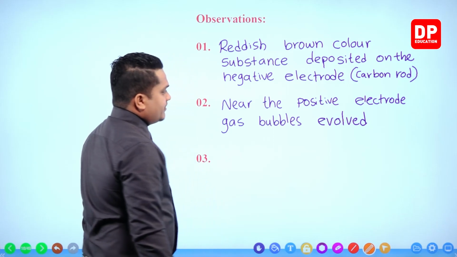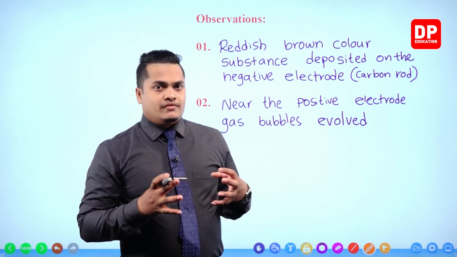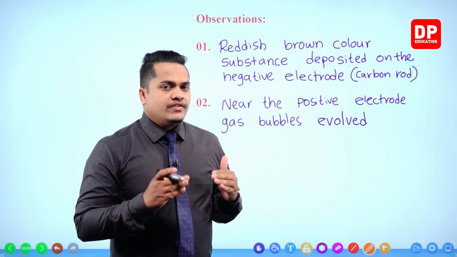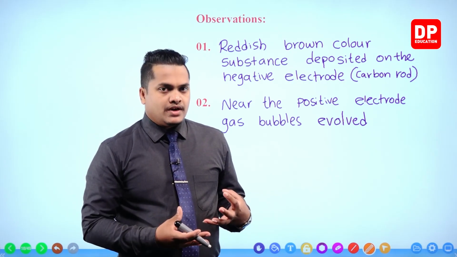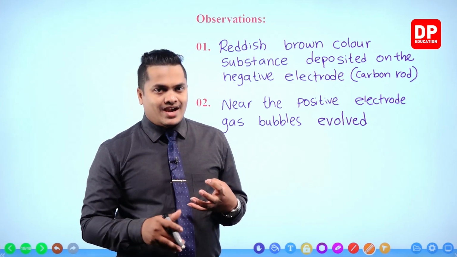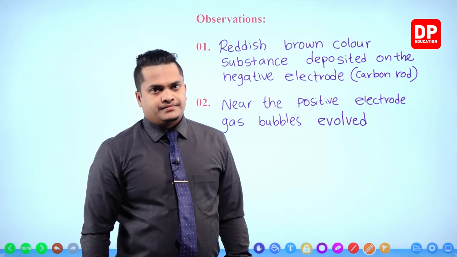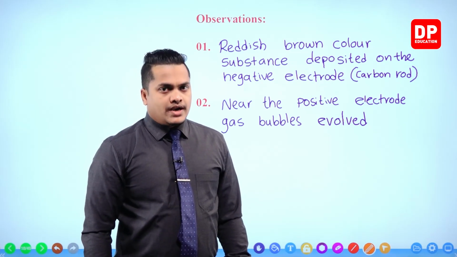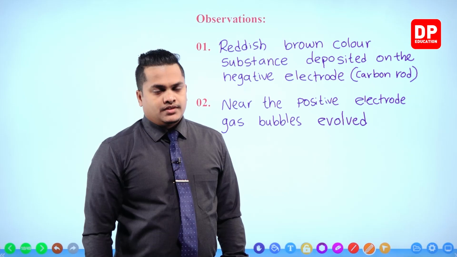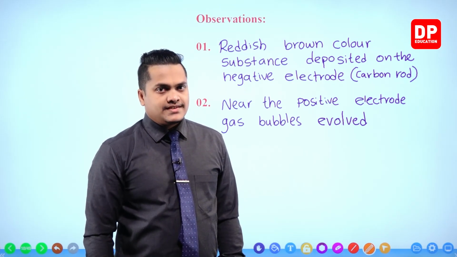Then the third and the final observation: when a few minutes pass by, you could clearly observe that there is a reduction in the color of the copper sulfate solution. The color has reduced somewhat. So that was our third and final observation from this setup.